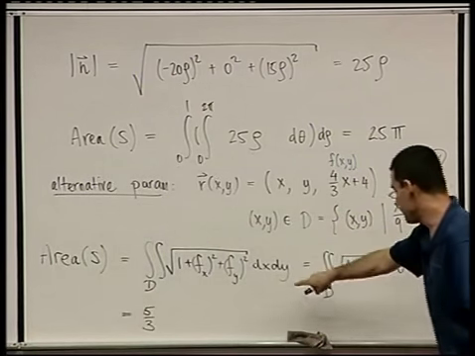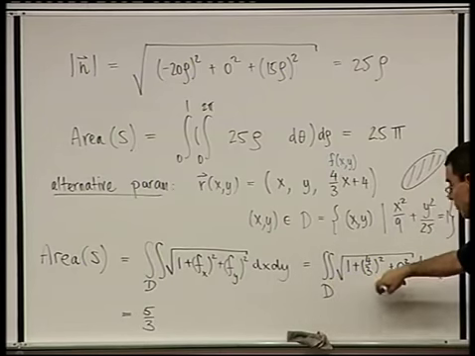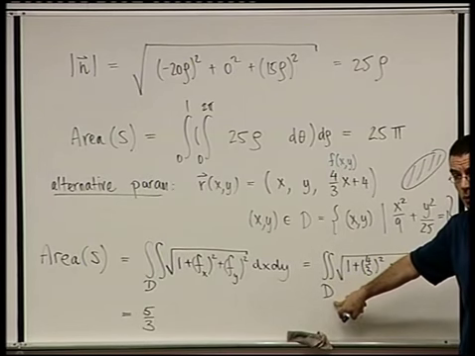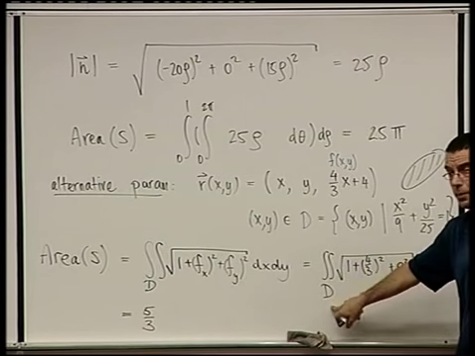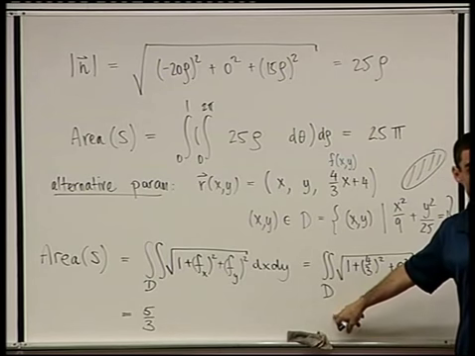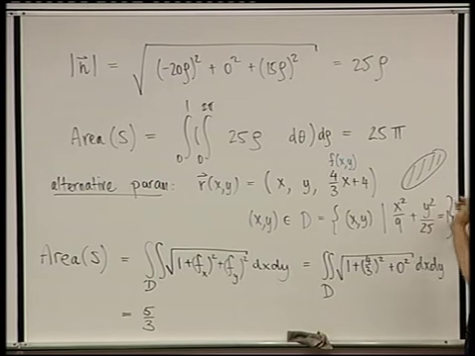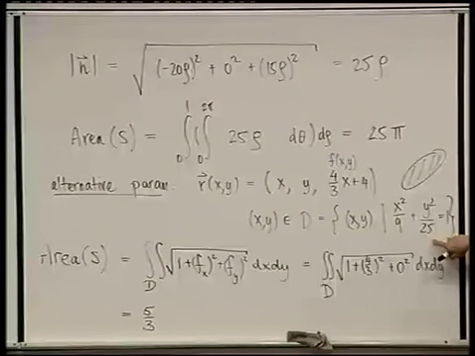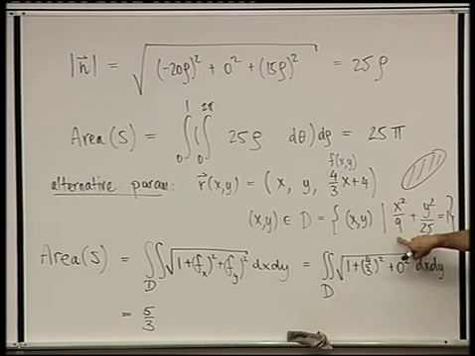That just came out of the integral, and now I have a double integral of 1 over the domain. What is the double integral of 1 over the domain? It's the area of the domain. The domain is that ellipse lying down here. How do we find the area of the ellipse? ab pi, right? a is 3, b is 5, pi is pi.